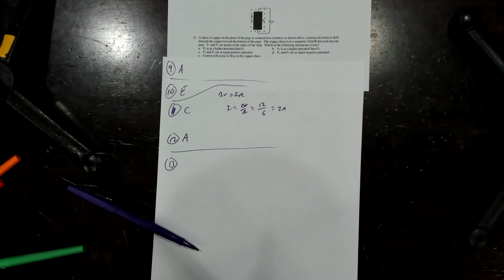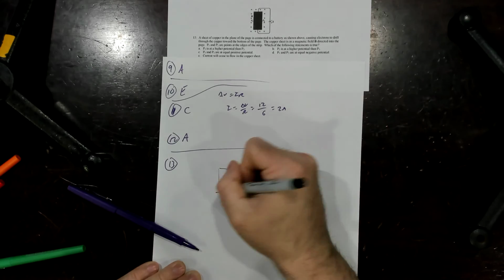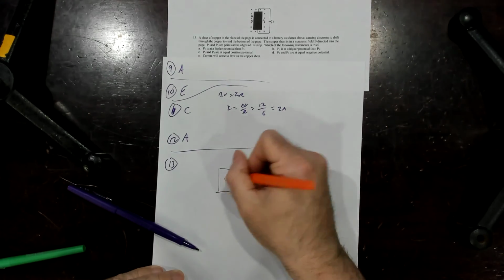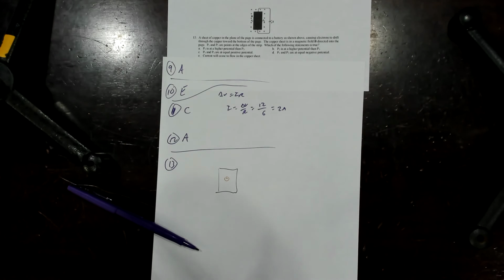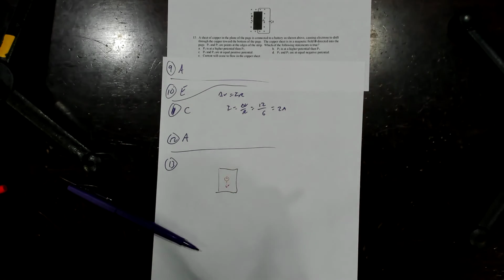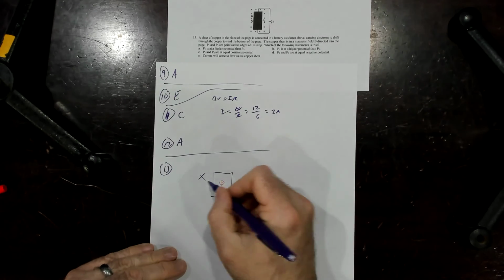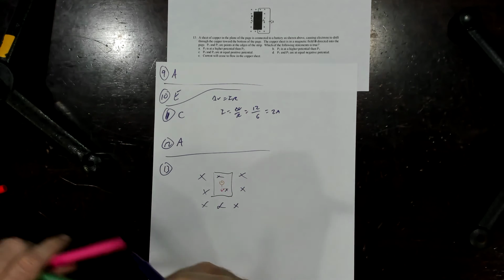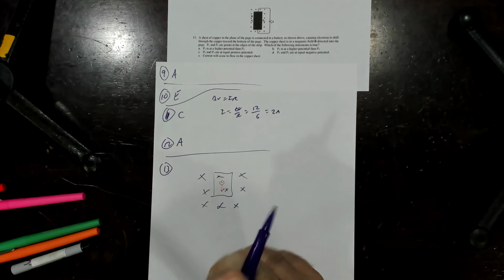Here is that chunk of copper, and my electrons are moving down. So they've got a velocity that way, but they're crossing a magnetic field that goes into the page, and so those electrons would get pushed, right?